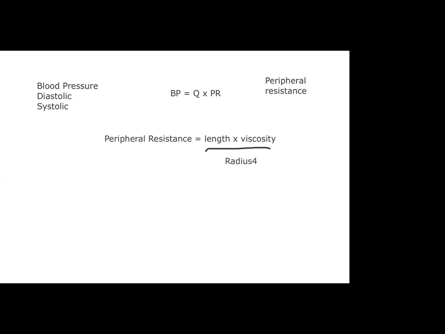That's the radius to the fourth power. So peripheral resistance equals the length of the vessel times the viscosity of the blood divided by the radius to the fourth.